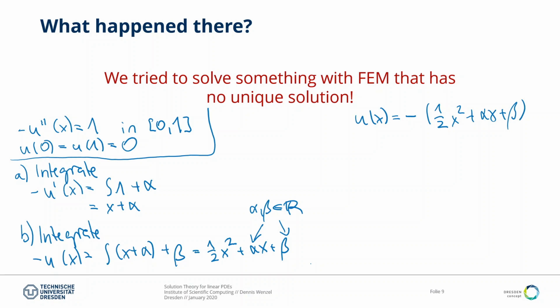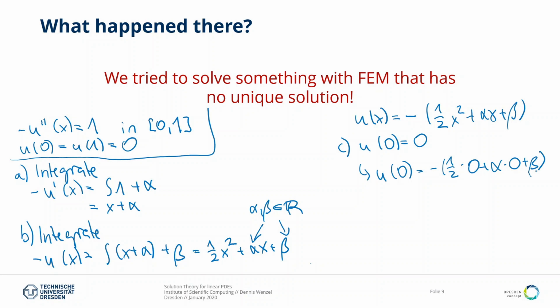Okay, now let's plug in a boundary condition, and we start by plugging in the left hand side boundary condition. Okay, so u of 0 equals 0. Well, let's see. If I take this formula and plug in the value 0, then this is minus 1/2 times 0 plus alpha times 0 plus beta.